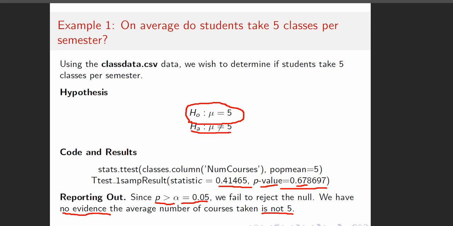And when the p-value is larger, sometimes we say we have evidence for the null, but really we have no evidence the null is wrong, right? Well, if we have no evidence the null is wrong, then maybe we think that it's true. And again, it's not quite correct to say that, but that's the idea that we want to get across there.